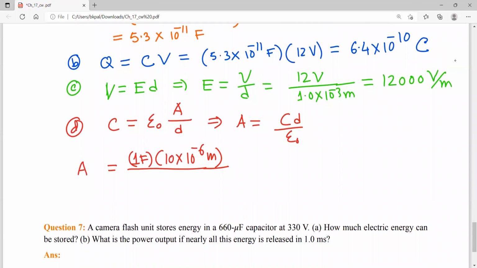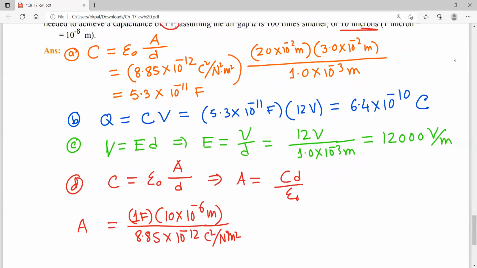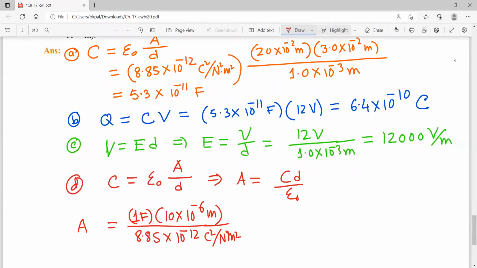And epsilon 0, we already know, is equal to 8.85 times 10 to the power minus 12 coulomb square per Newton meter square.